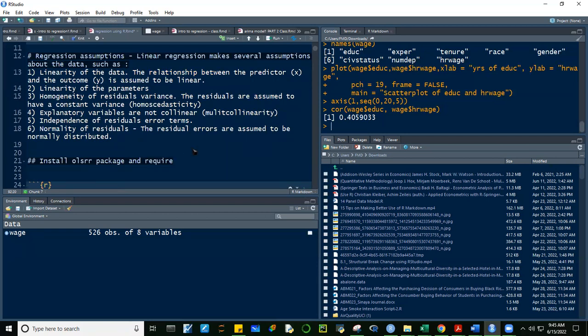We don't want autocorrelation for our model kasi pag autocorrelation, guys, sorry, not autocorrelation, multicollinearity, I stand corrected. Pag multicollinearity, guys, it will be difficult to pinpoint ano yung contribution ng isang variable in explaining the variance of your dependent variable.